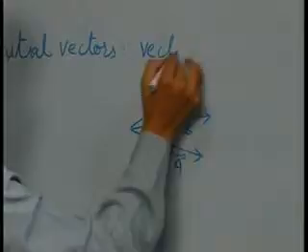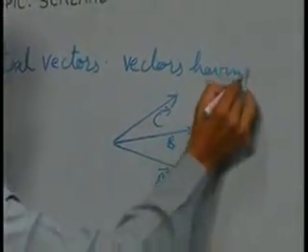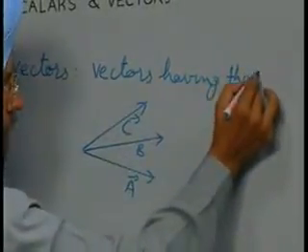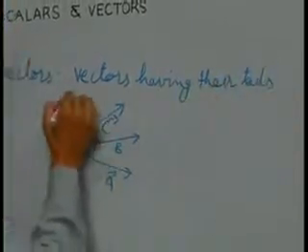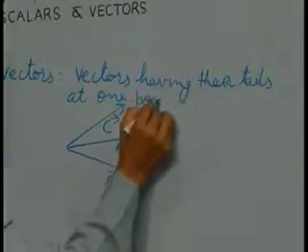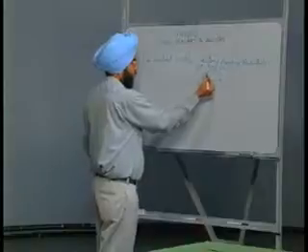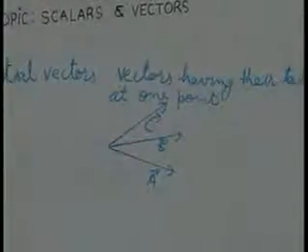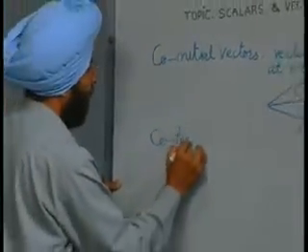Vectors having their tails at one point. So, A, B, C are co-initial vectors. We have co-terminus vectors also.